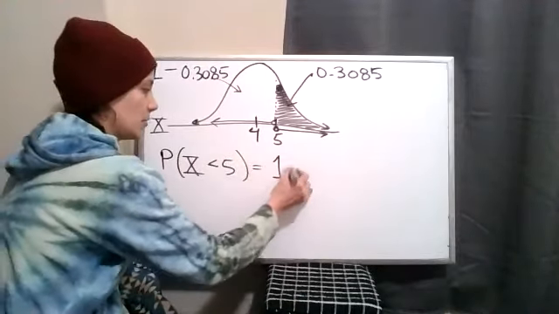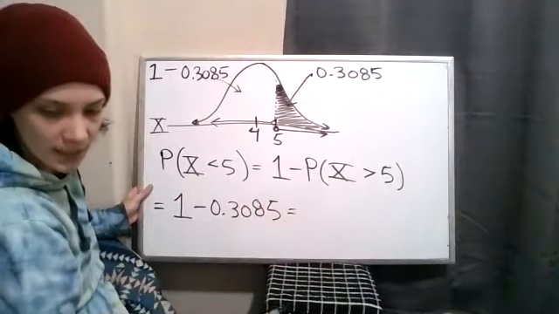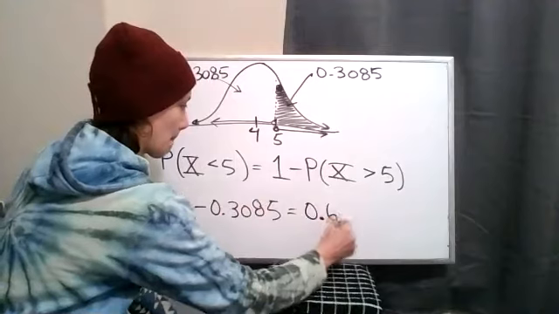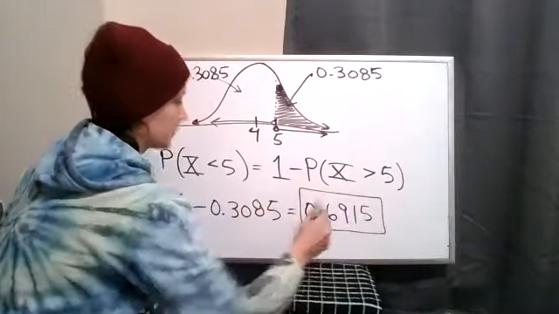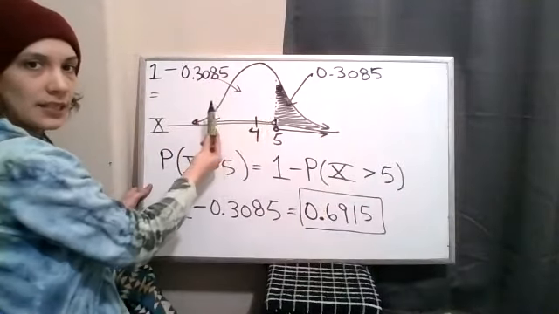It's 1 subtract the probability that x is greater than 5, which is 1 minus 0.3085. Okay, we get 0.6915. So that was that unshaded side.